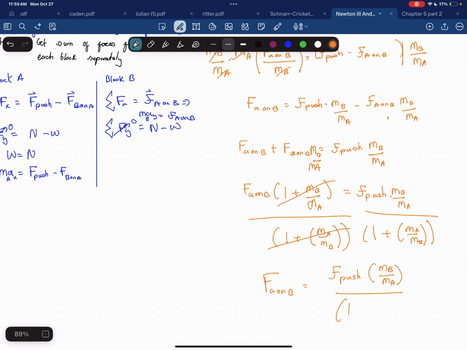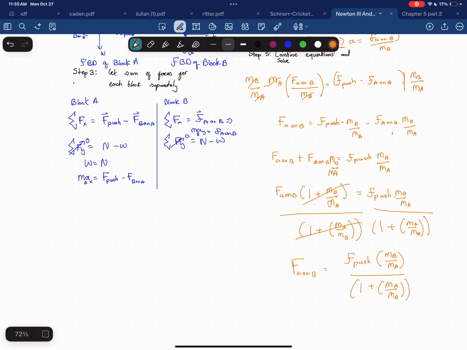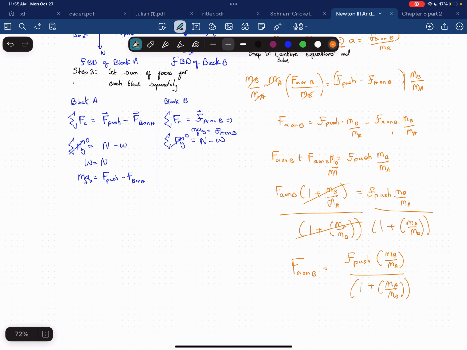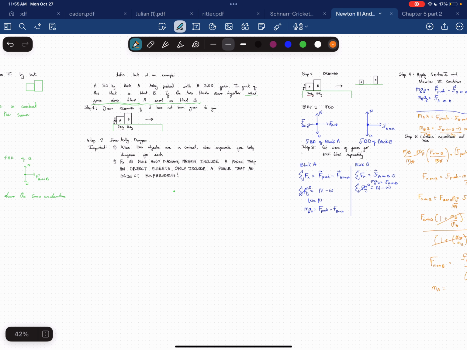Okay, so now we have a formula. And boom, the physics is done. We have our expression, so now we can just plug in. What's m_A equal to from the previous question?